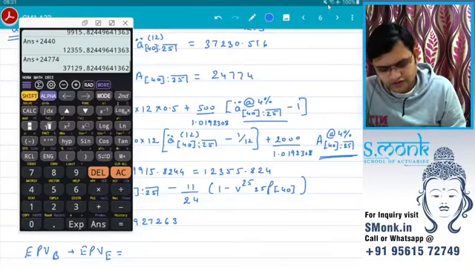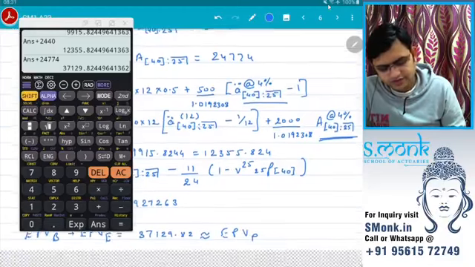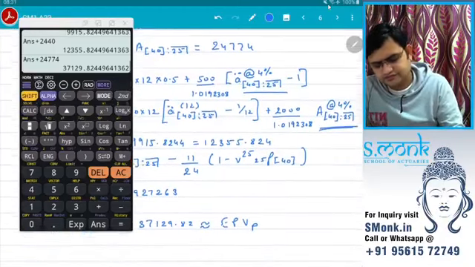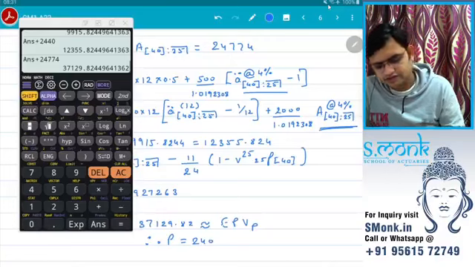You can see it is slightly different, but we'll say it is approximately the same as the expected present value of premium. Therefore, premium will be equal to 240.